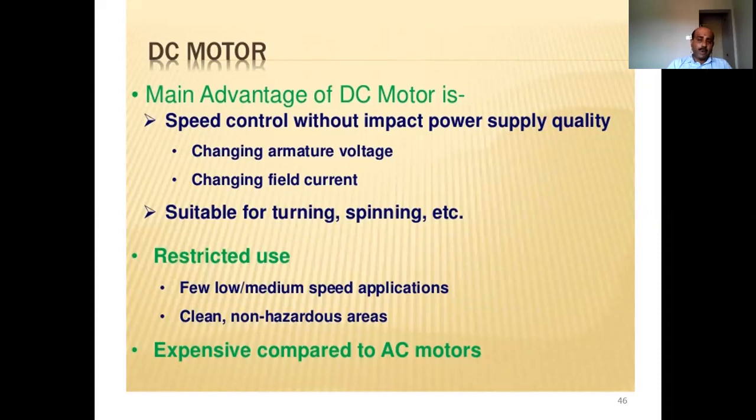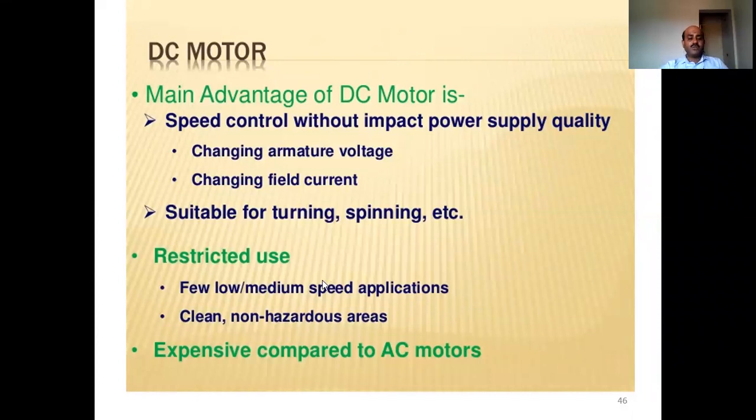One of the major advantages is that you can control the speed without having an impact on the supply quality. This can be done by changing the armature voltage and changing the field current. Both can be used for controlling the speed without impacting the power supply quality.